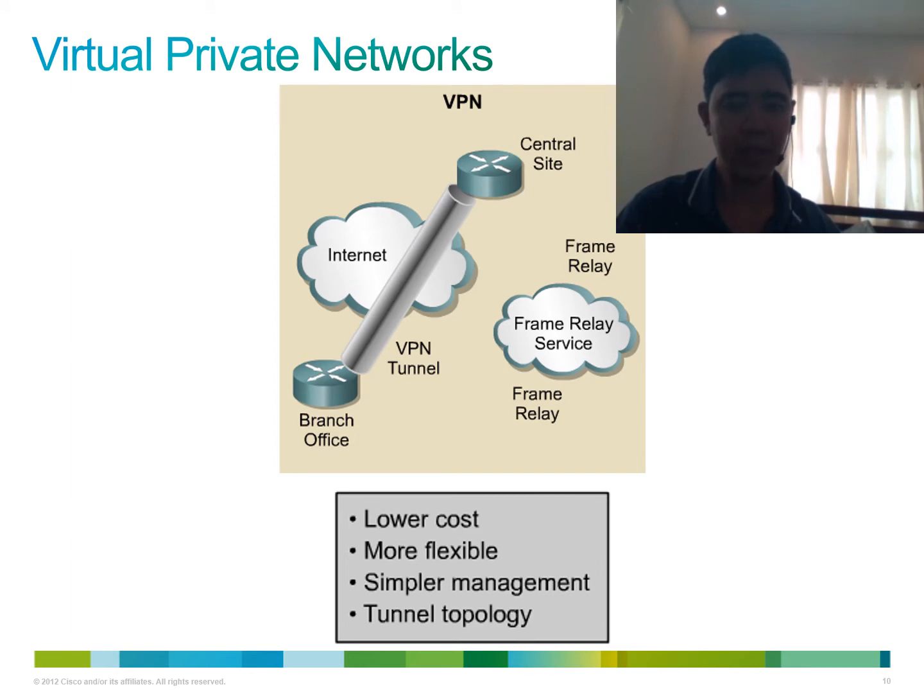So with VPN, it's again lower cost, more flexible, okay? Also easy to manage. And then again, it uses the tunnel topology. Again, tunnel represents those means you set up on your device, network device, say the router, in order to secure your data, in order to make the data transmission be private through the internet.